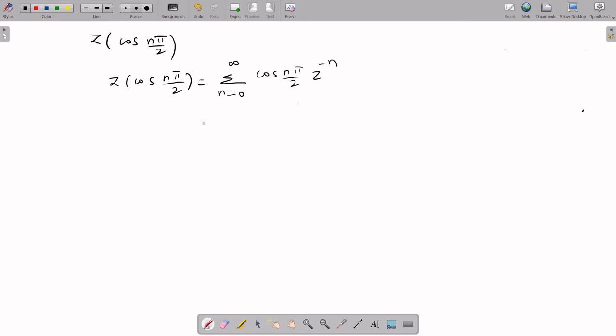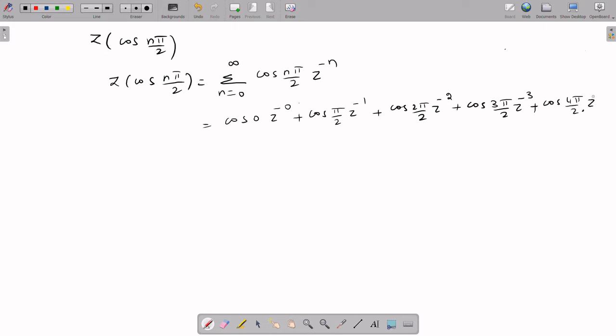Now substitute n equals 0: cos 0 z power minus 0, plus n equals 1: cos pi by 2 z power minus 1, plus n equals 2: cos 2 pi by 2 z power minus 2, plus n equals 3: cos 3 pi by 2 z power minus 3, plus n equals 4: cos 4 pi by 2 z power minus 4, plus etc.